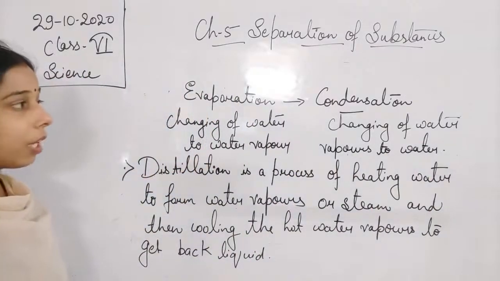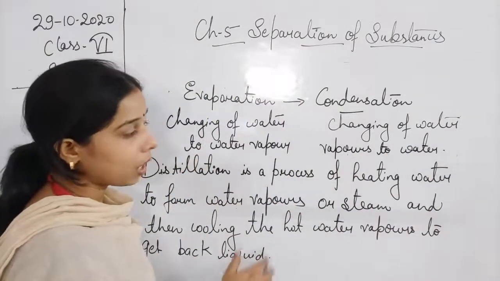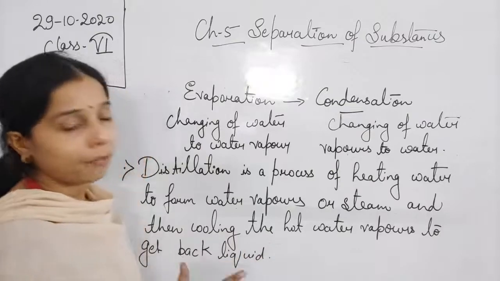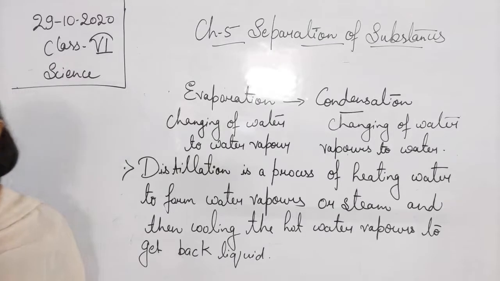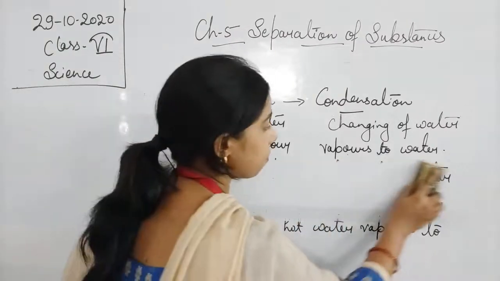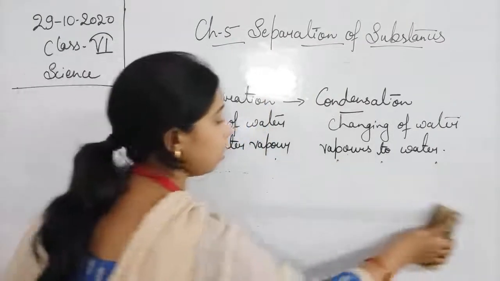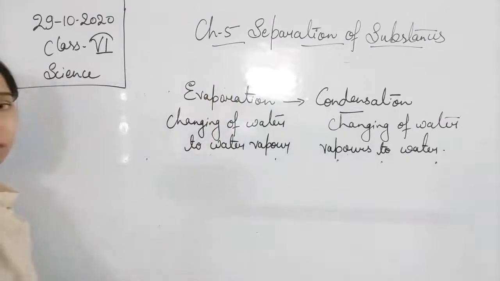At first the evaporation process occurs, and in the second step the condensation process occurs. So we can say that it involves two processes: the first one is the evaporation process and the second one is the condensation process.